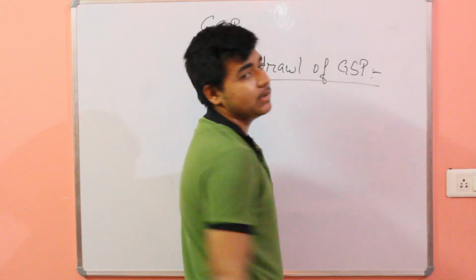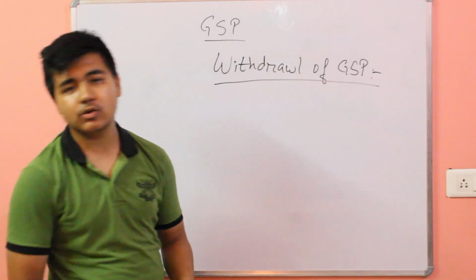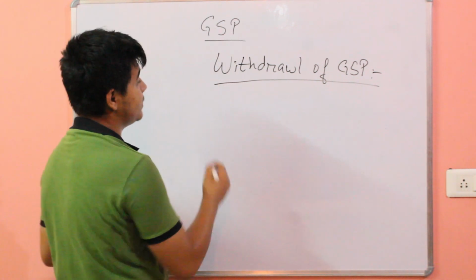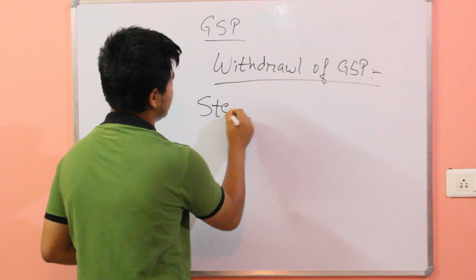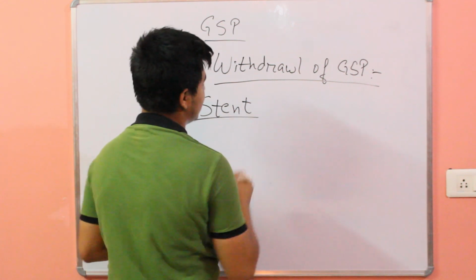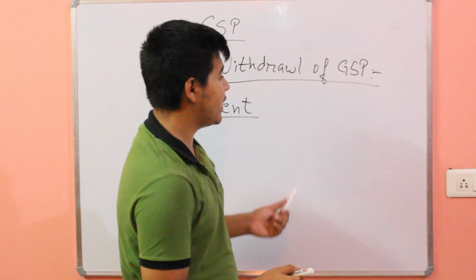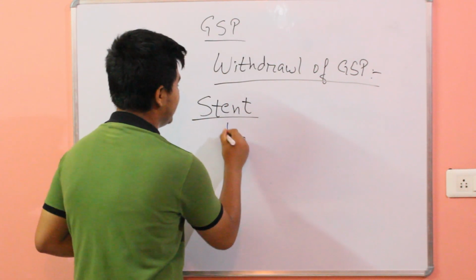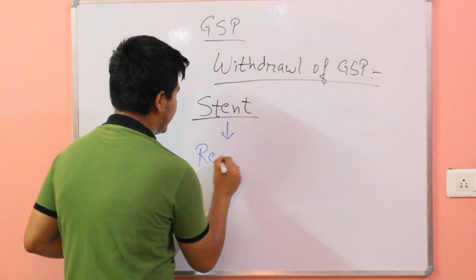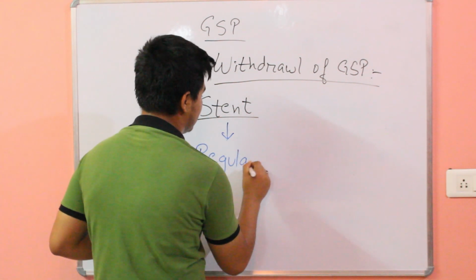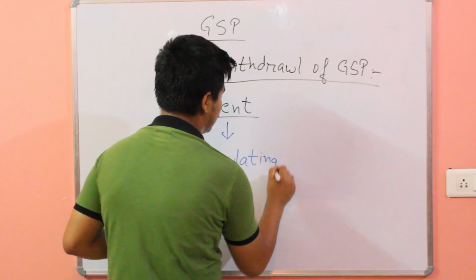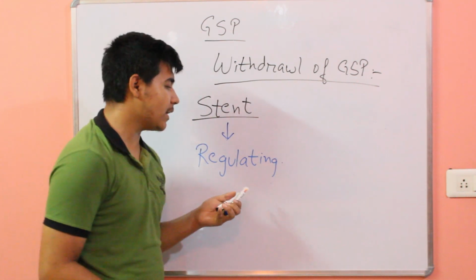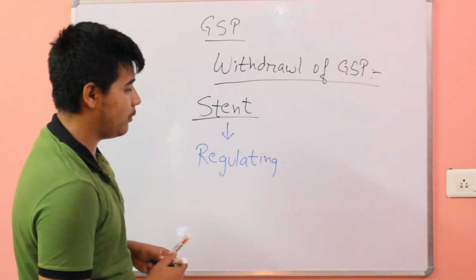But now as GSP has been withdrawn, another reason why GSP was withdrawn from India was stent devices. Stent basically refers to a category of medical equipment. Now what happened is that India started regulating the prices of medical equipments.